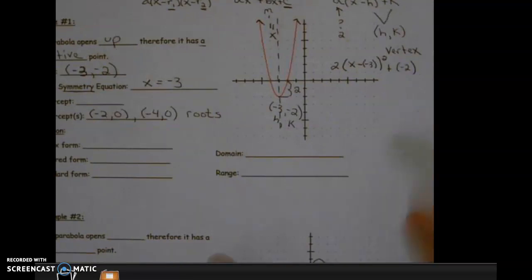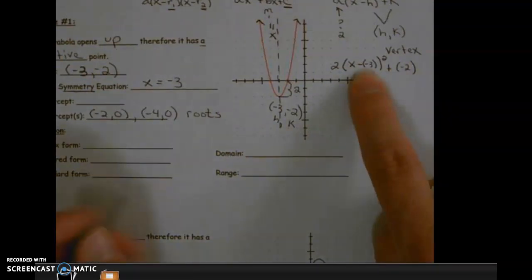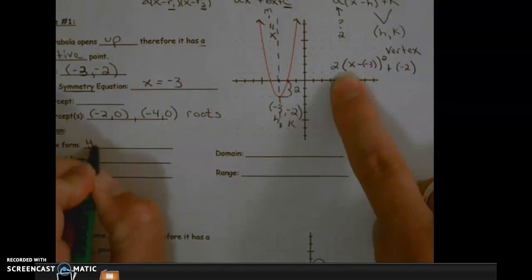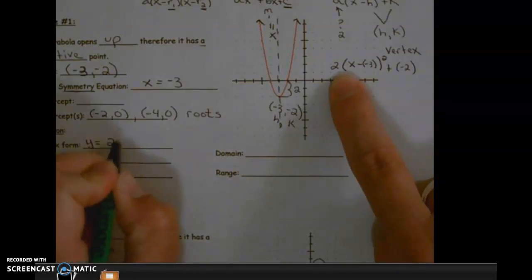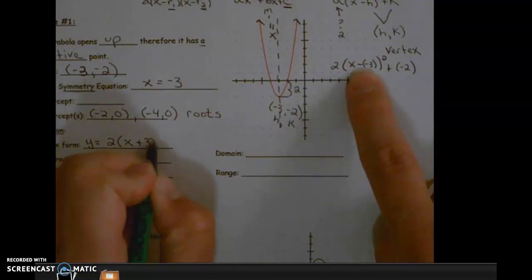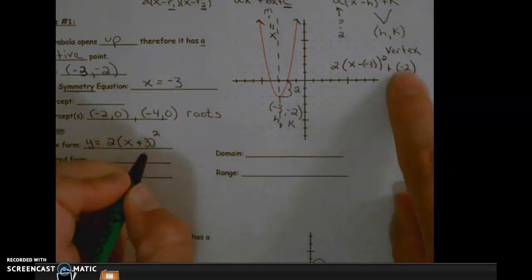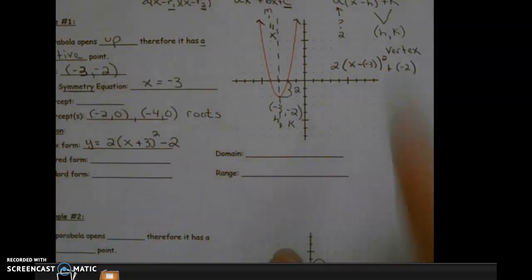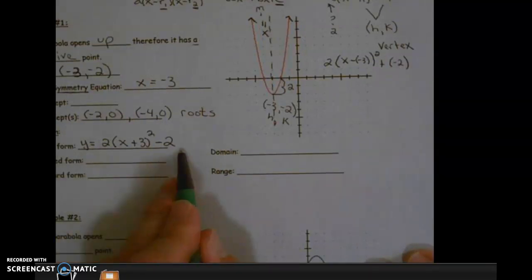So the way we want to simplify this now so we don't have all these parentheses is y equals 2 parentheses x. Two negatives make a positive, and when we add a negative, it's the same as subtracting. And so there is your vertex form.